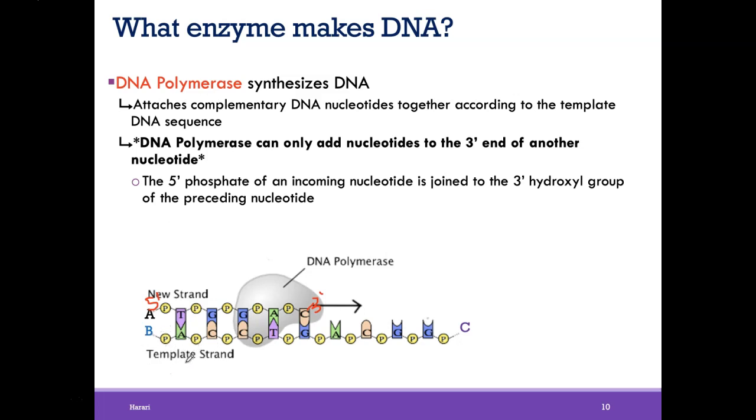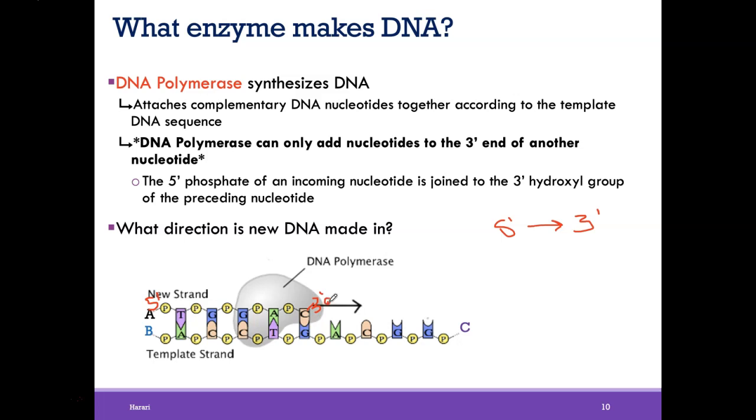I'm going to talk a lot more about this too, but right now I want you to understand that DNA polymerase makes DNA from 5' to 3'. It can only go in one direction. It can only add nucleotides to an existing 3' end. Therefore, it only knows how to make DNA 5' to 3'.